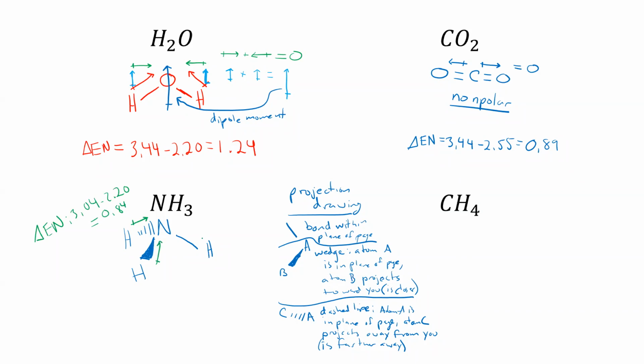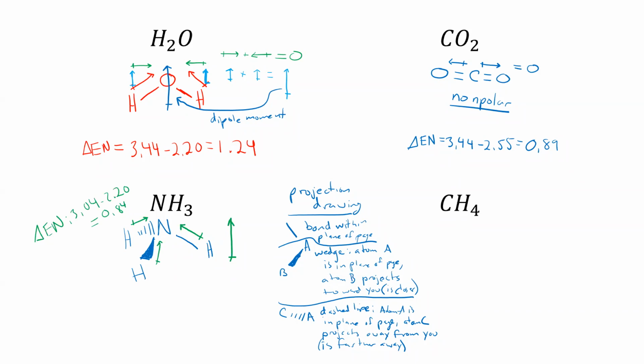And so each of these bonds has this polarity arrow. If you sum all 3 of those polarity arrows up, they're going to be in a direction that's basically pointing from the hydrogens up toward the nitrogen. In this type of picture, you've got 3 hydrogens coming down from a nitrogen, like a tripod.